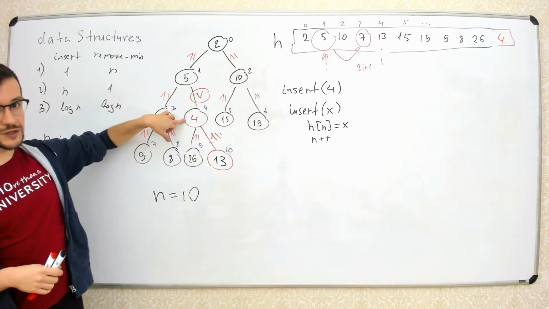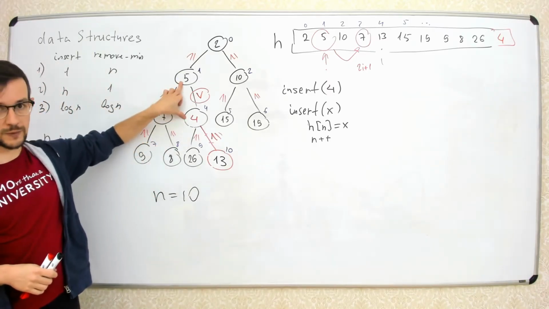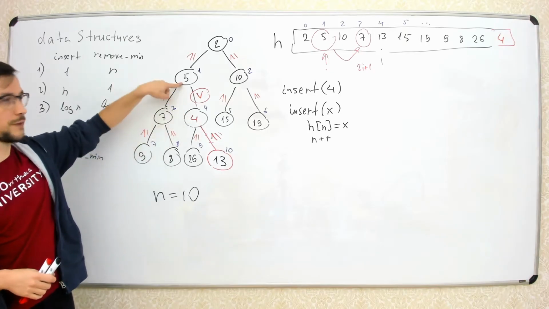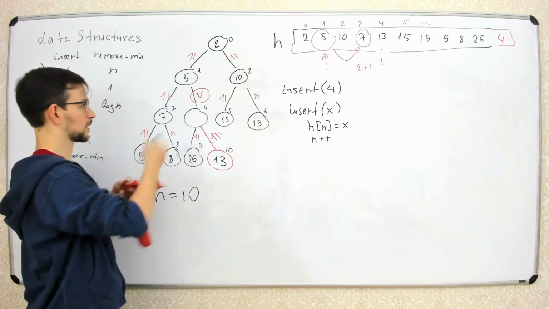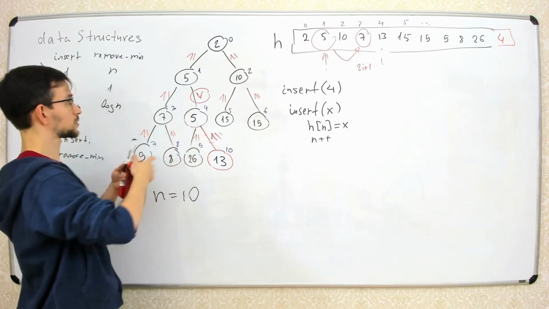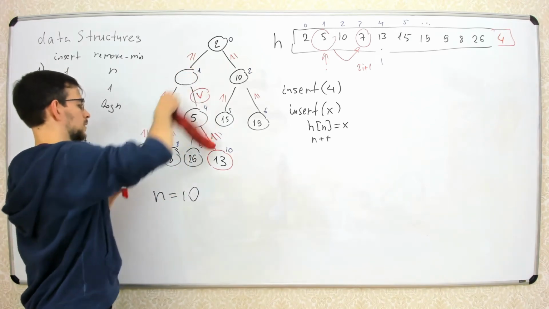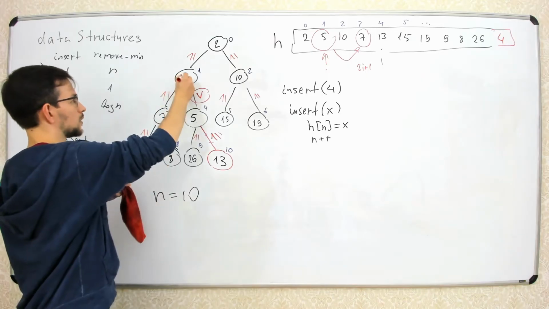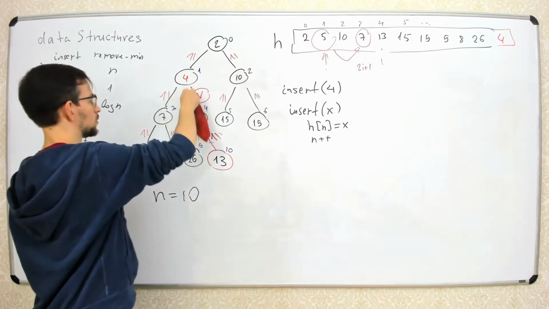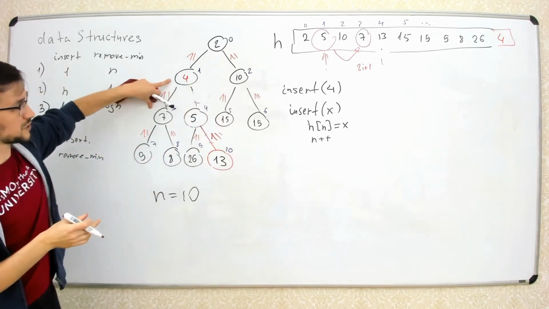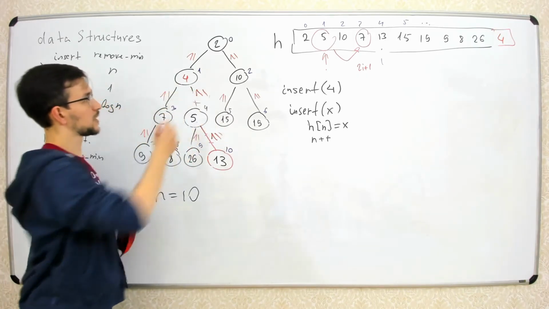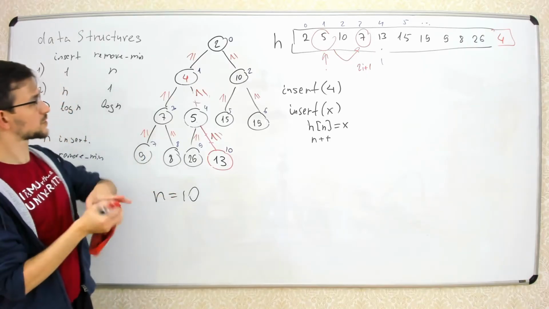Now again, we need to fix the property for these two elements. Again, we just swap these two elements. So 5 goes down, this 4 goes up. Now we have this property satisfied, this property satisfied, and the only property that may break is for these two nodes.